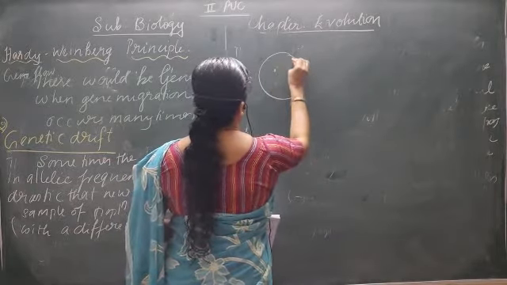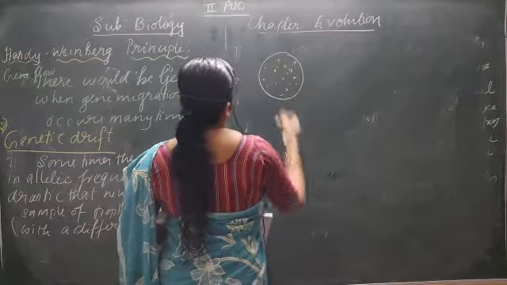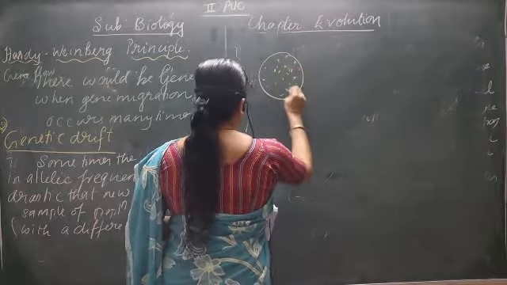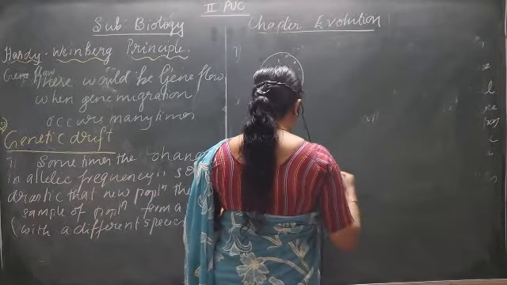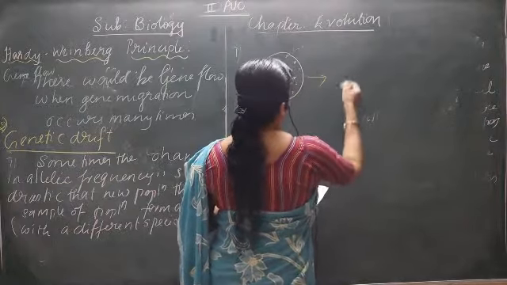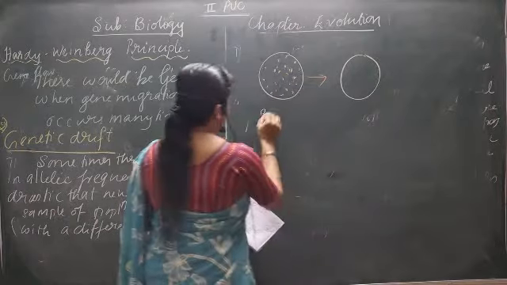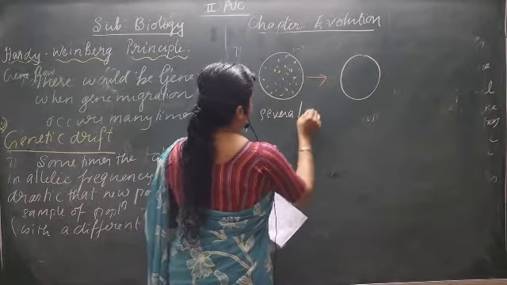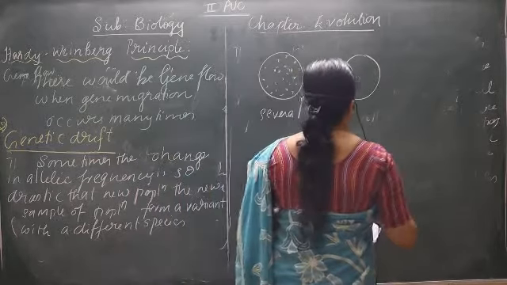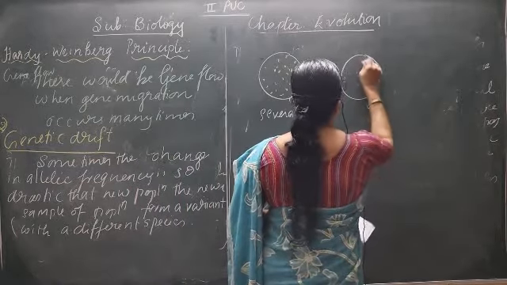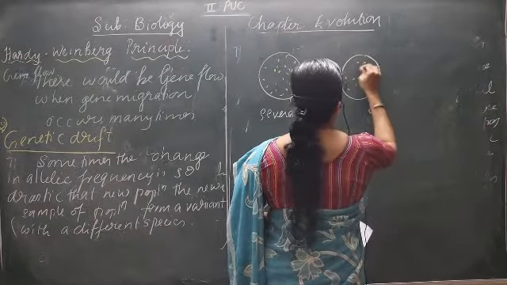Just consider, I'll use the yellow color. Several generations of random sampling were there. When it was assessed a second time, only a few individuals were seen, almost 5-6 individuals.